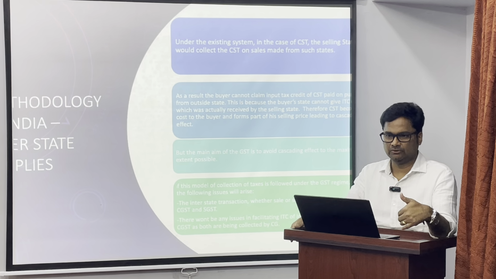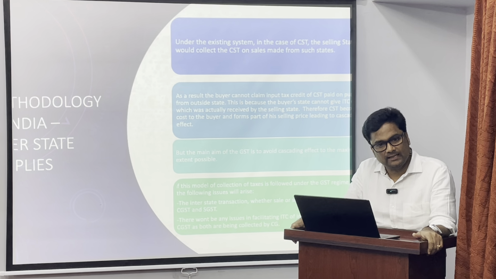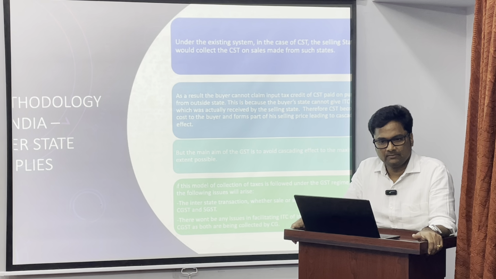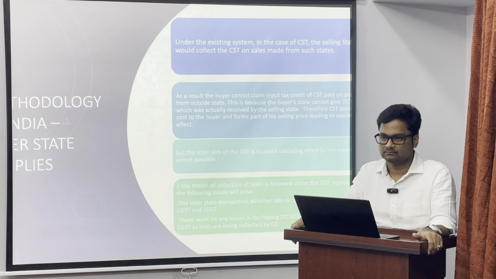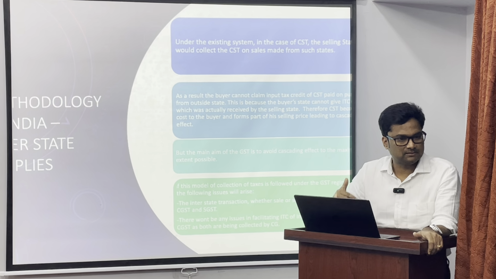When you are selling goods from Andhra Pradesh to Telangana, A of Andhra selling goods to B of Telangana, he will have to collect central sales tax. Central sales tax is a union list item in the 7th Schedule to the Constitution of India, but it says the central sales tax shall be levied by the central government but collected and retained by the state from where the sale takes place.